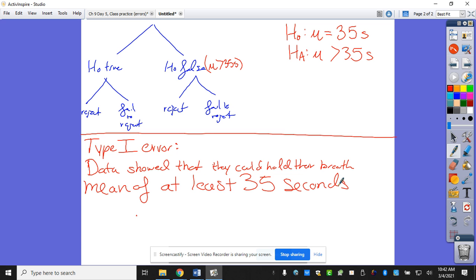So the data showed that they could hold their breath for at least a mean of 35 seconds, but what? So the consequence here would be what? So basically they chose to do it.